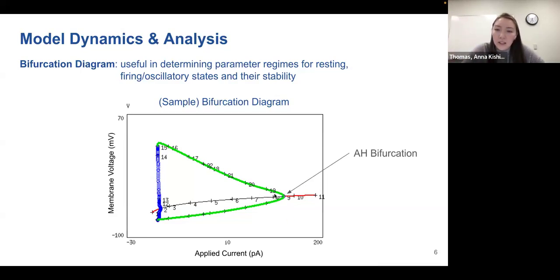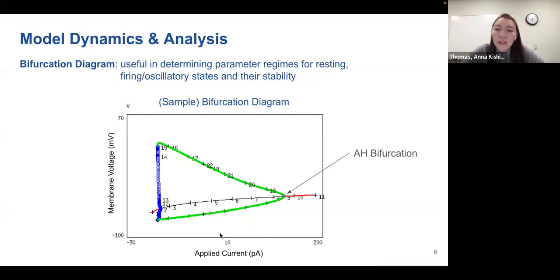And here, where there is a transition from these stable oscillations to the stable steady state again, so for too large an applied current, the model will not fire anymore. This transition, this change in quality of the solutions, is called an Andronov-Hopf bifurcation, if you've heard that word before.